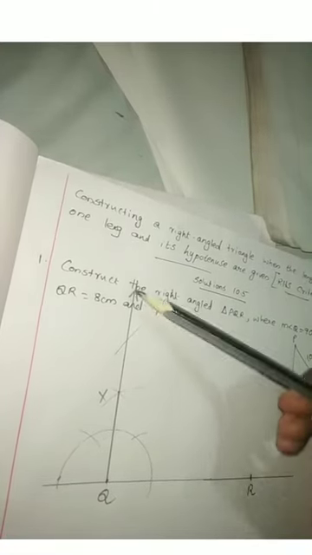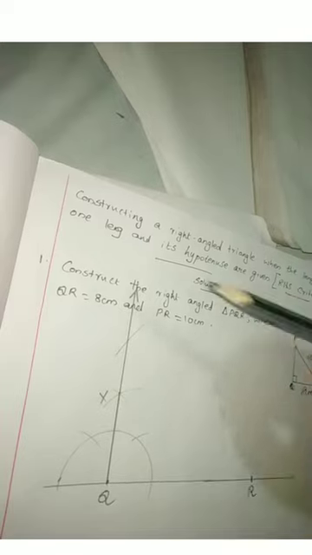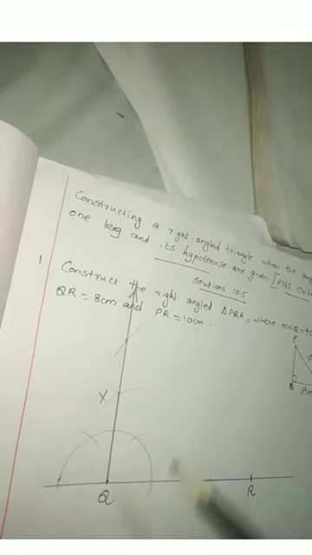Now keep the compass point on R and draw one arc to cut our ray QX. Now we name the intersecting point of this new arc and the ray as P. Okay, PQR. Now we can join P and R.